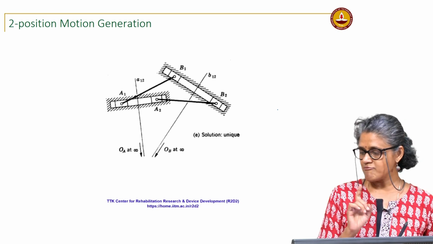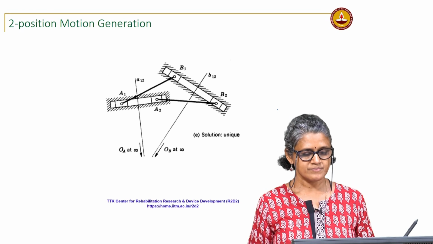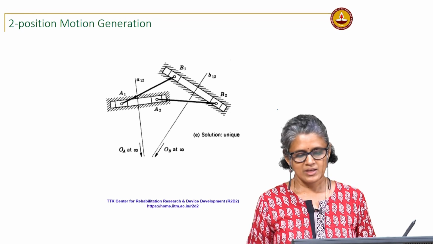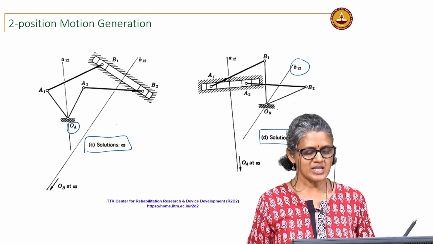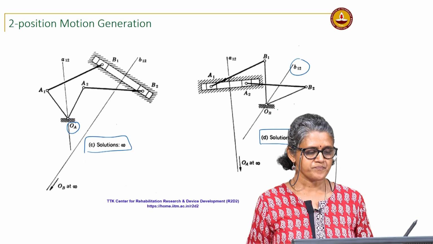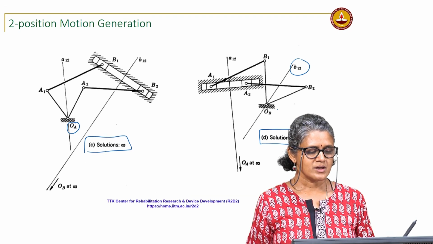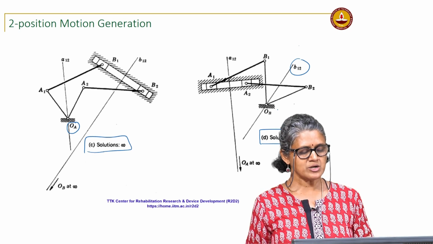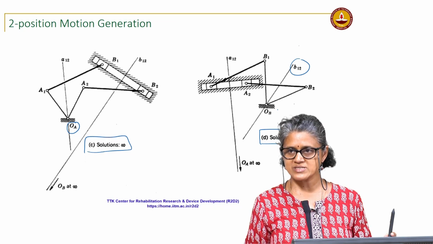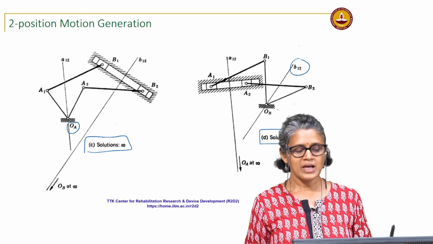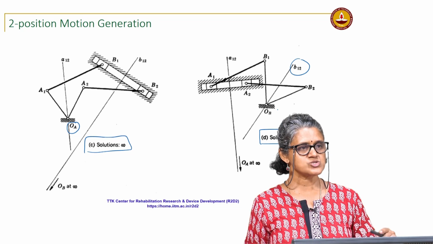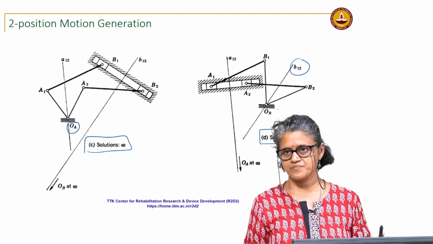One thing that we have not looked at here, okay, is with any of these mechanisms, it will achieve A1 B1 to A2 B2, but we do not really know what is happening in between, and we do not know that these two are limiting positions.